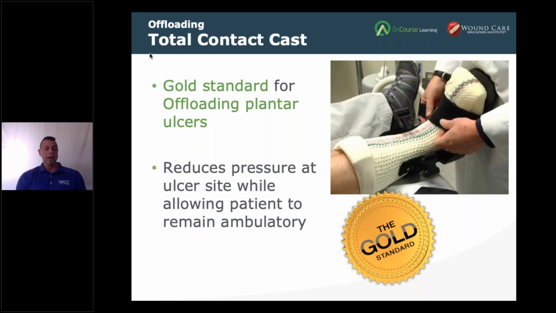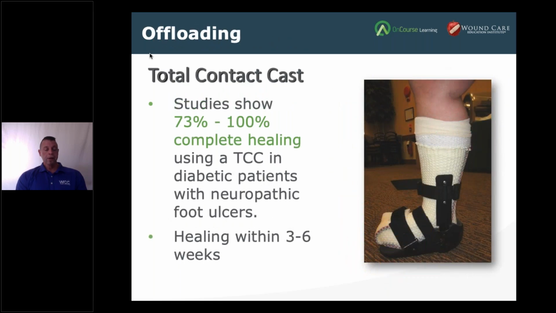Again, from what I've read in the studies, when applied properly, it can reduce the pressure over the ulcer by 84 to 92%, even while they're walking. And why it's the gold standard is because studies have shown 73 to 100% complete healing when using TCCs in diabetic ulcers within 3 to 6 weeks, okay?